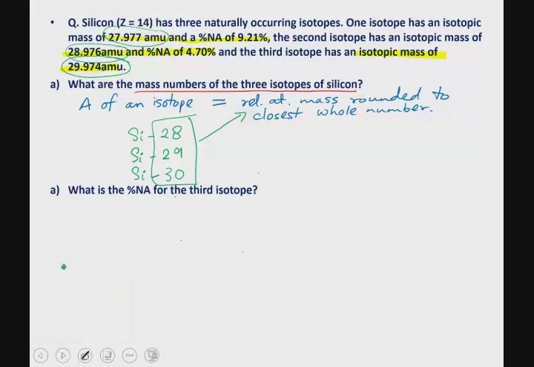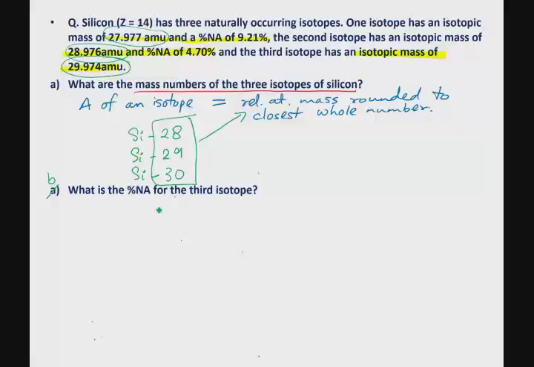Okay, let's read the second part of this question. This is part B and not part A. What is the percent natural abundance of the third isotope? This question is designed to make you think that the total percent of anything can be 100%.